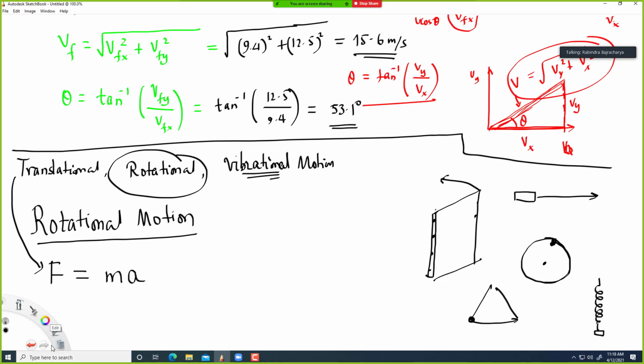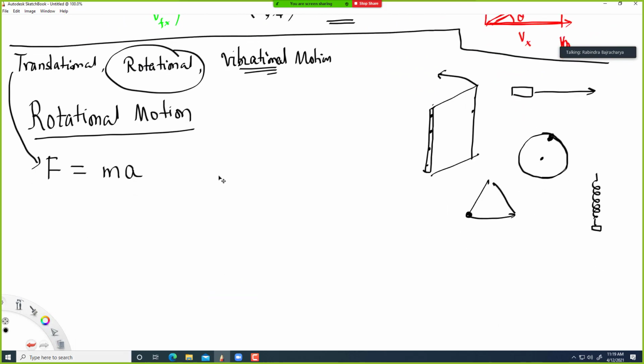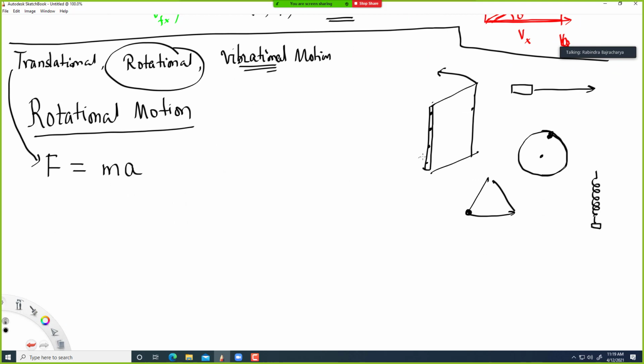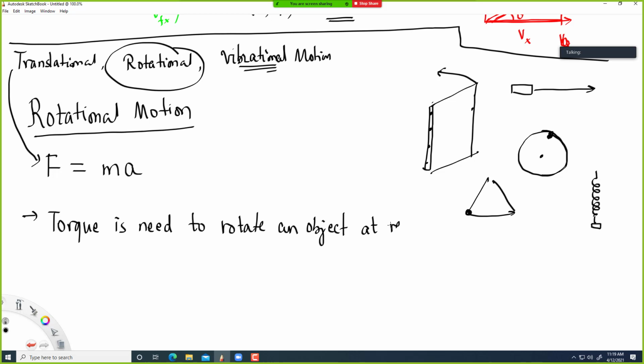Okay, torque is the angular counterpart of force. So in order to rotate an object, you need something called torque. Torque is needed to rotate an object, let's say at rest.